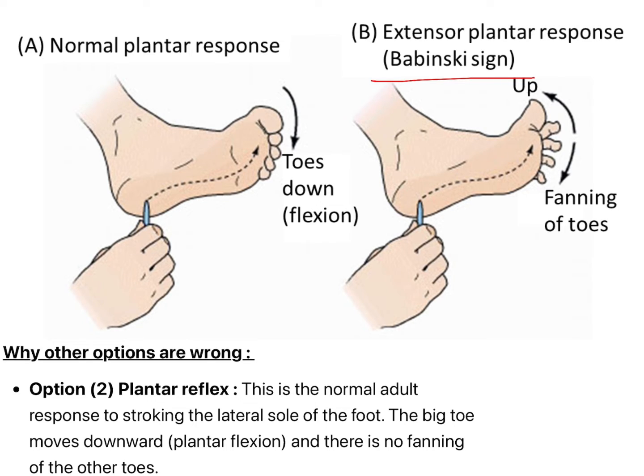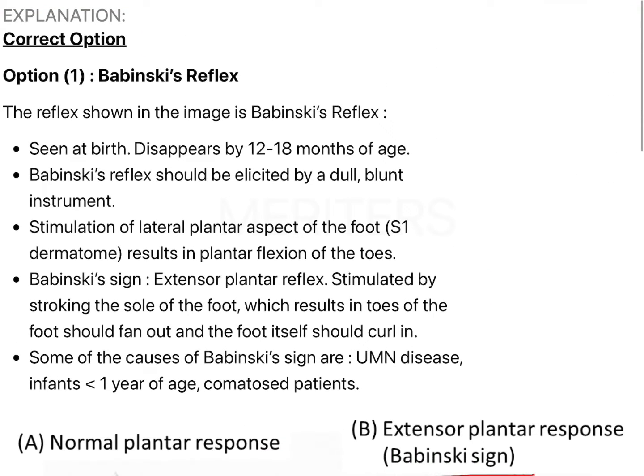Now we will see a little deeper into it. This response, Babinski, was first described by Babinski in the year 1896. What it does is it tests the integrity of the CST. CST is the corticospinal tract.